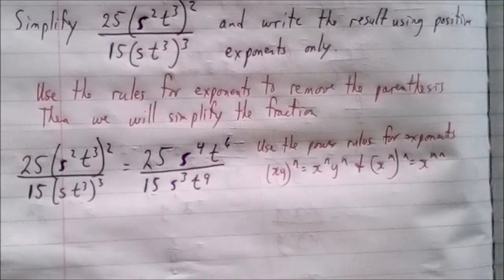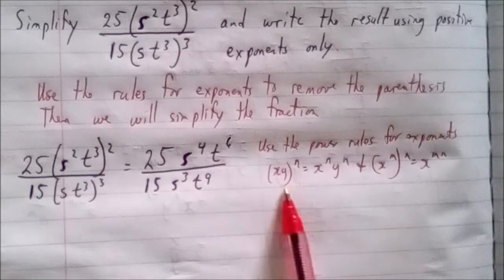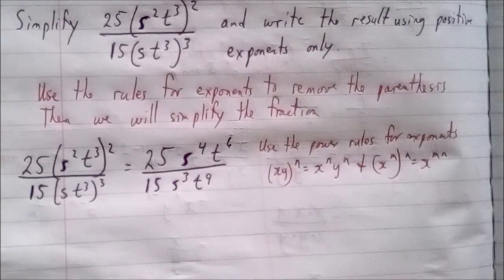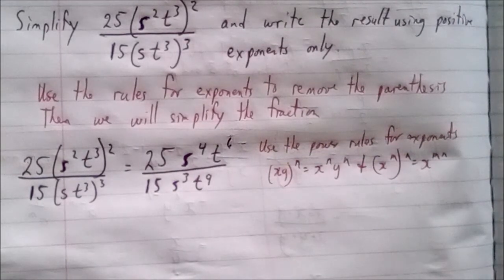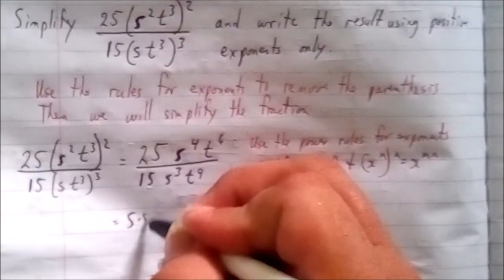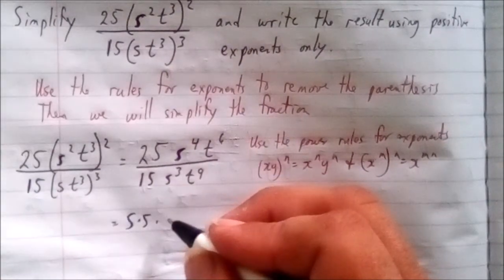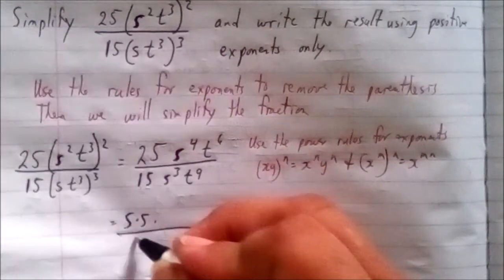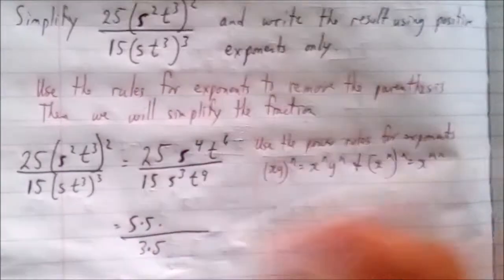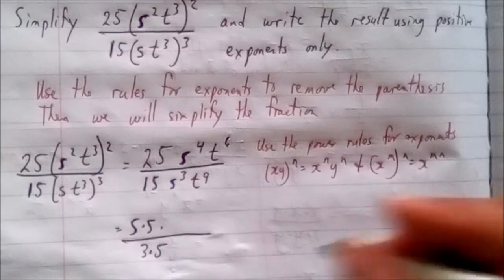So if that was only one base to a single power, then we use this one here. Okay, so let's expand them out. So we end up with 25 is actually 5 times 5, and then we'll have 15, 3 times 5. If you notice now, we'll apply the laws of exponent.